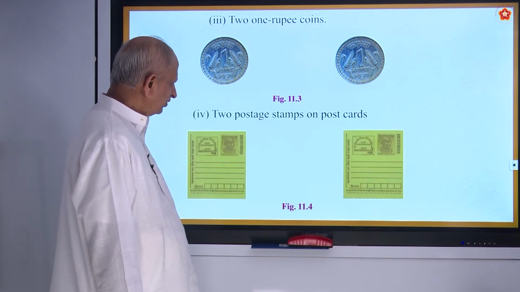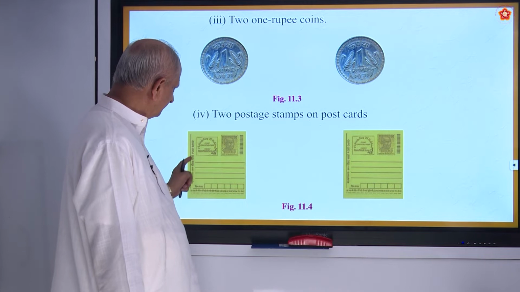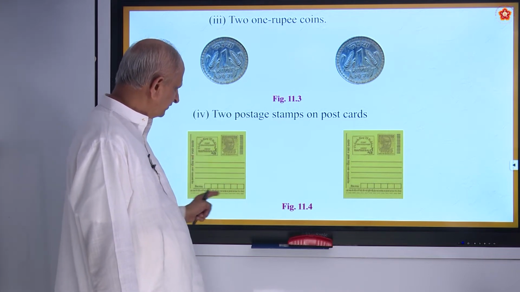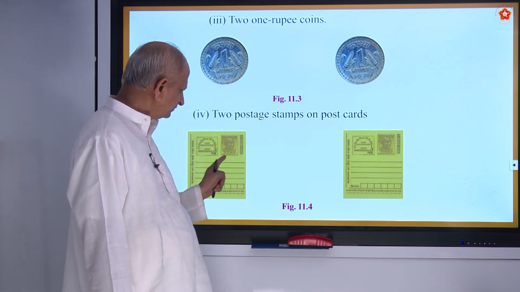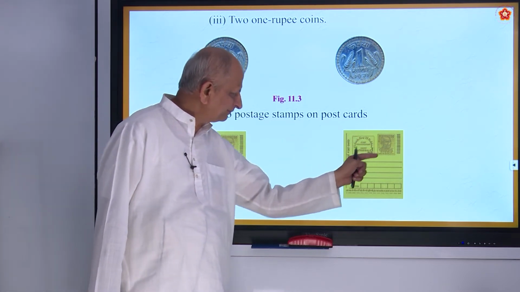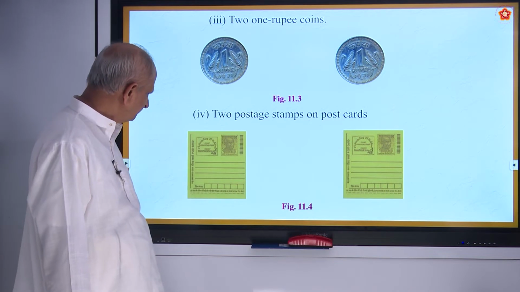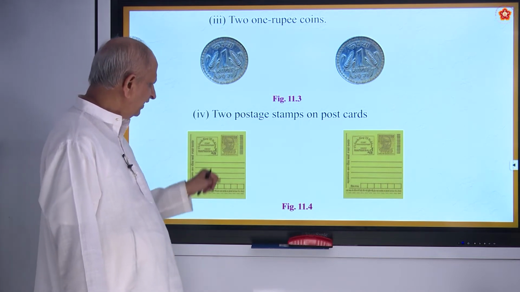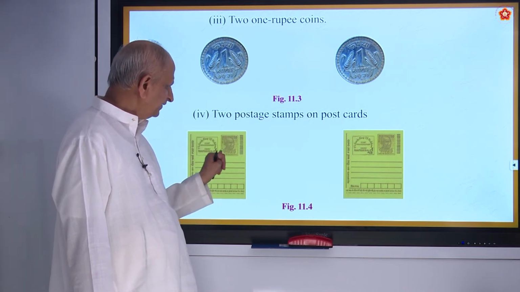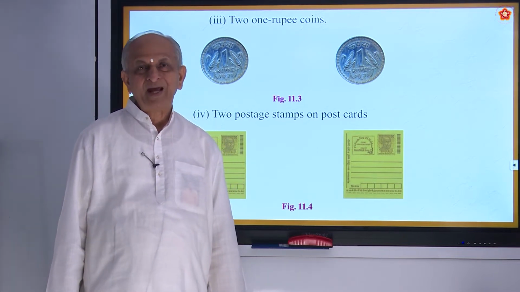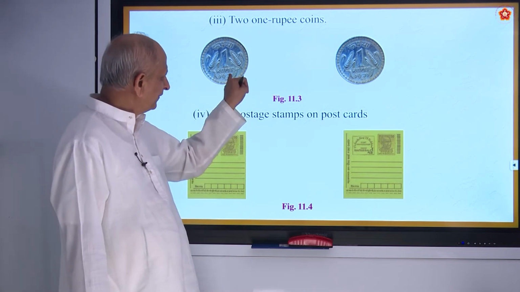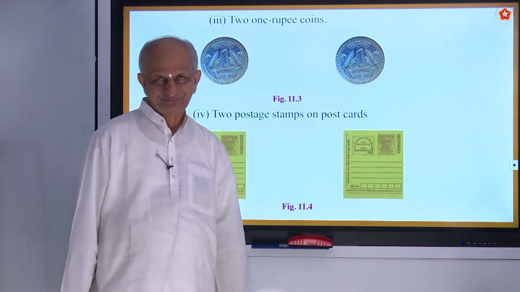Okay, one more congruency you can see in the case of postage stamps. So in postal card there will be a stamp here, Gandhi photo for example. That is a stamp, and this has the same shape and size. So you can call it as congruent stamps. This is congruent coins.